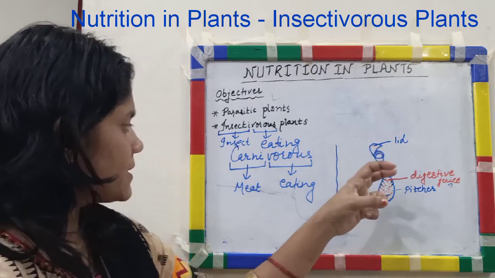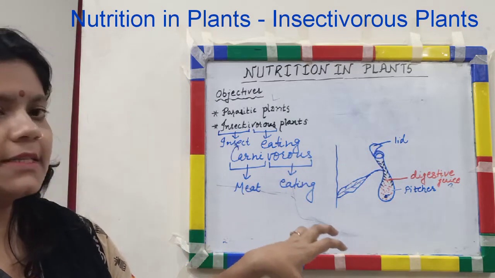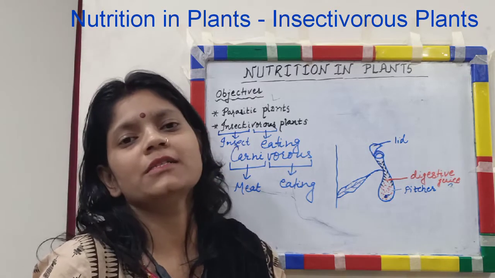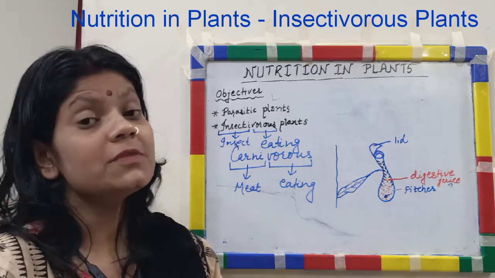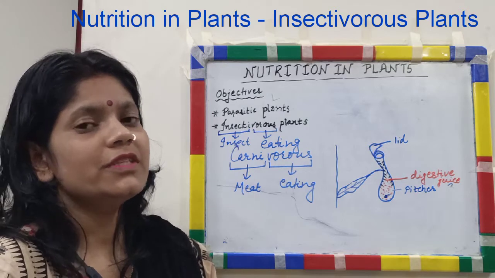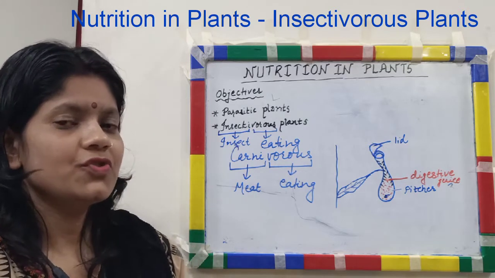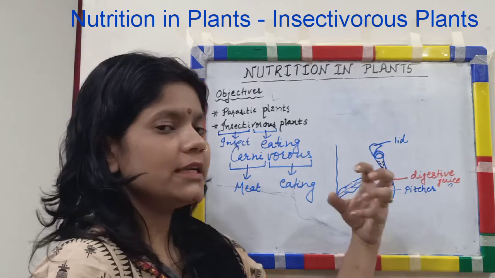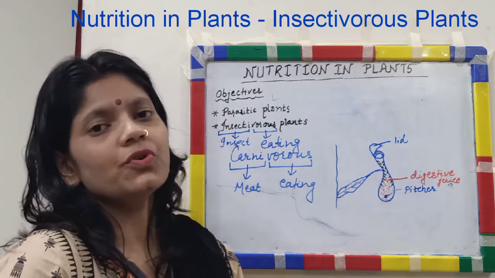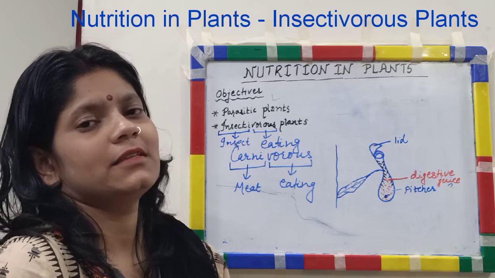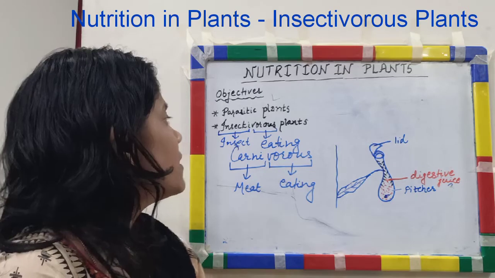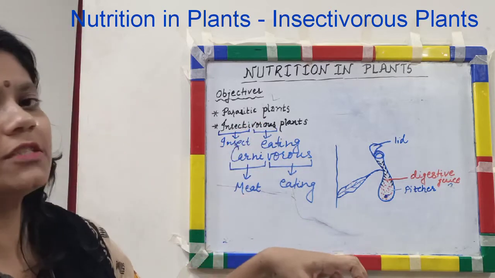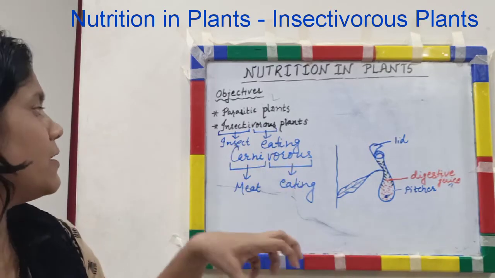So these insectivorous plants, there are some other examples also, grow in a soil which is poor in nutrients, which is poor in nitrogen. So to fulfill the needs of nitrogen, they need to hunt insects. And that's where the existence of insectivorous plants comes in.